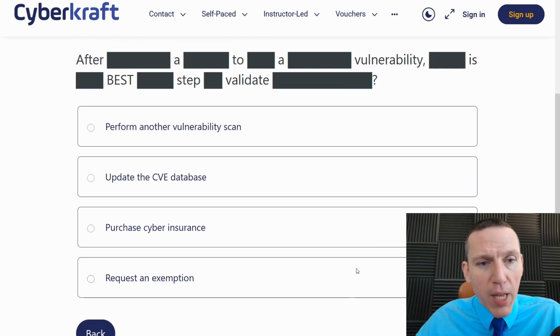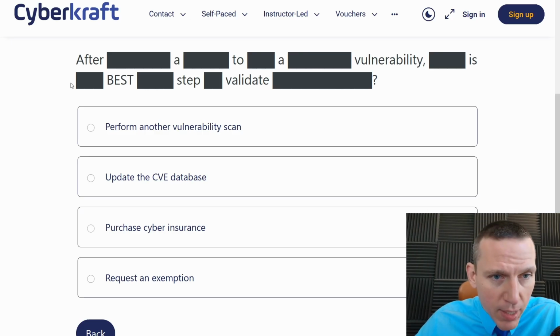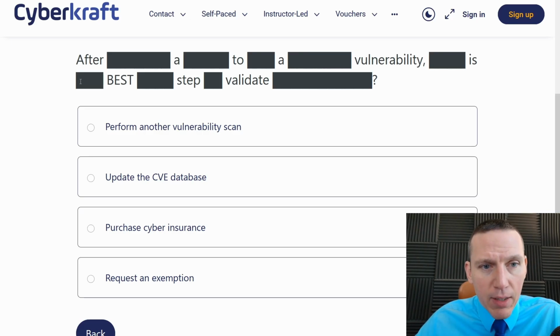All right. After blank, a blank to blank, a blank vulnerability. Something is the best next step to validate something. Okay, so this is, I would think, the best next step. I think this is 3 characters long.